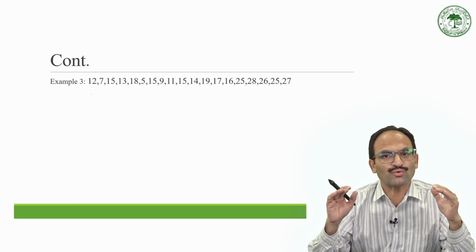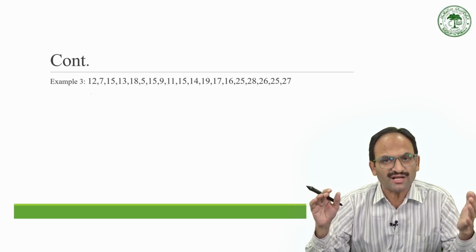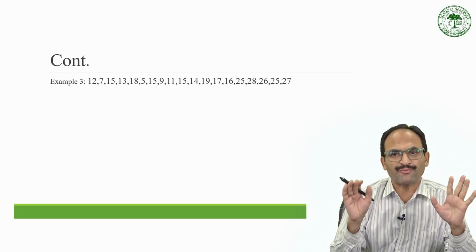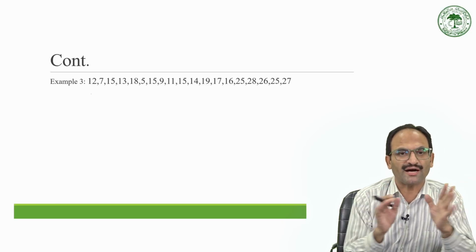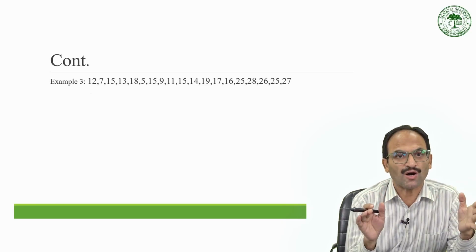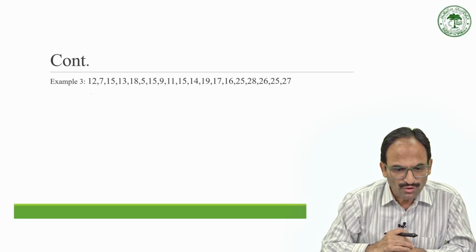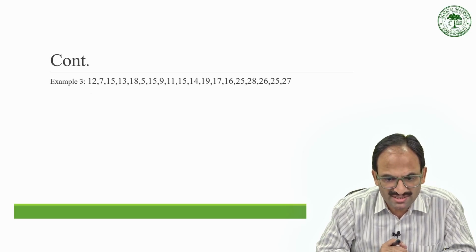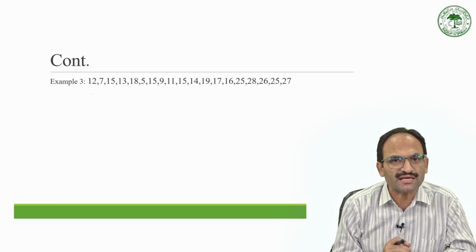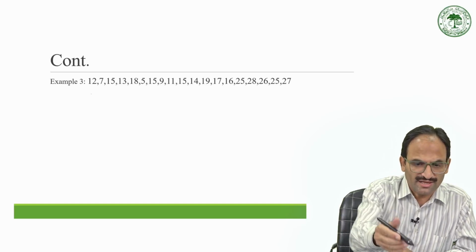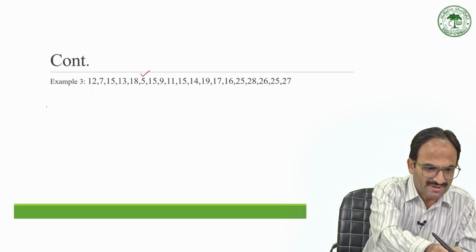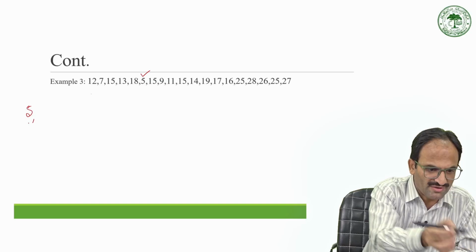You are required to calculate the quartile deviation. So the first step will be to arrange this whole data into ascending order. So see which number is the smallest number, and if you see the data minutely, you will find that 5 is the smallest number and it has appeared only once.